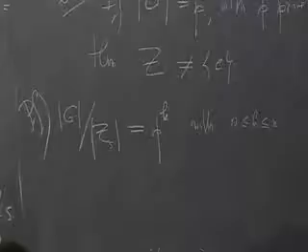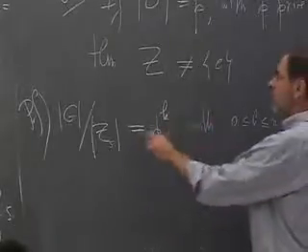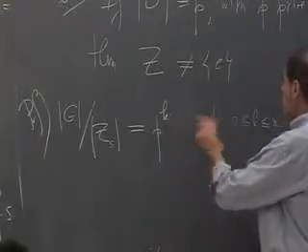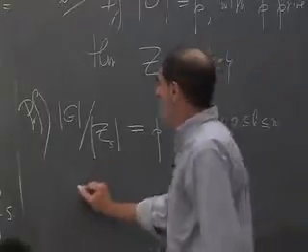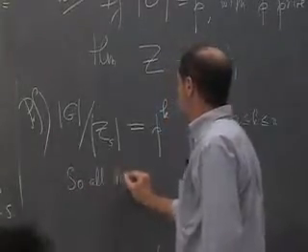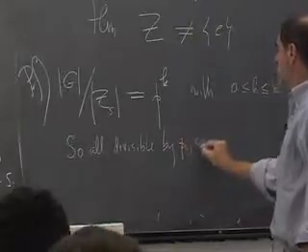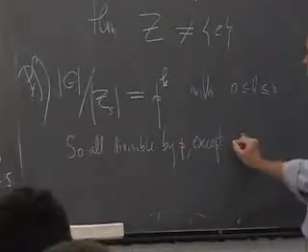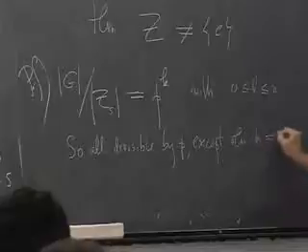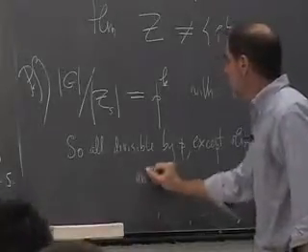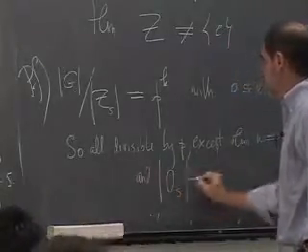Okay? In particular, they're all divisible by p except when k is equal to 0, when the size of the orbit is equal to 1.